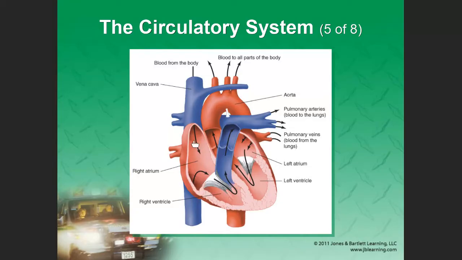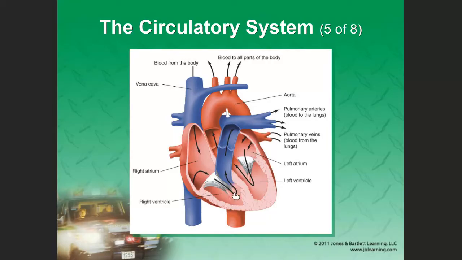When the right atrium contracts, it pumps this deoxygenated blood into the right ventricle, right? So the deoxygenated blood passes through a one-way valve and ends up in the right ventricle.